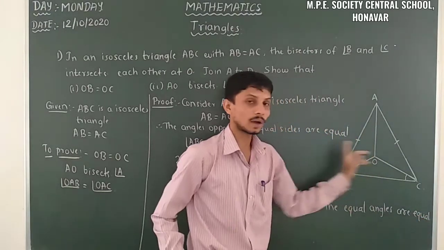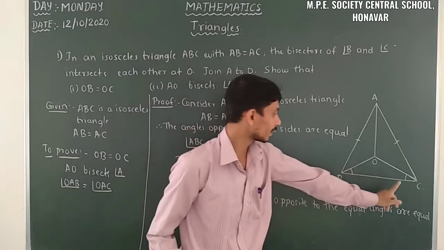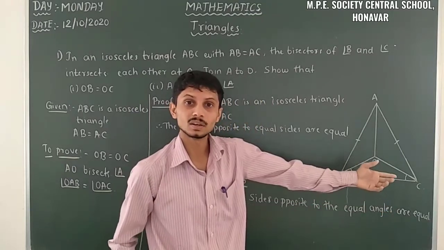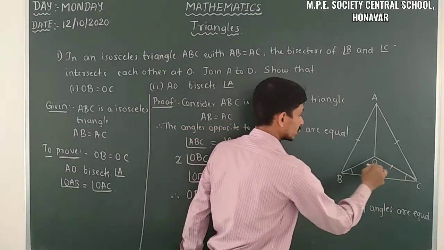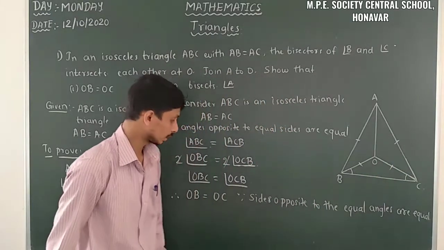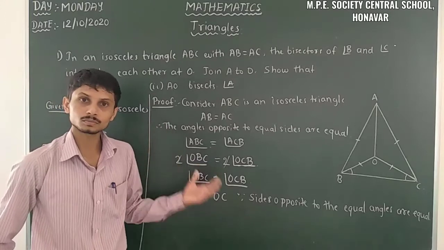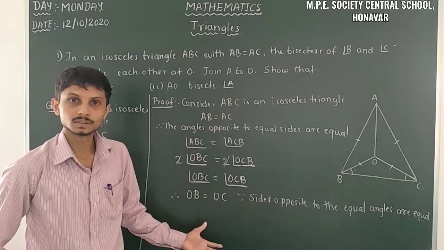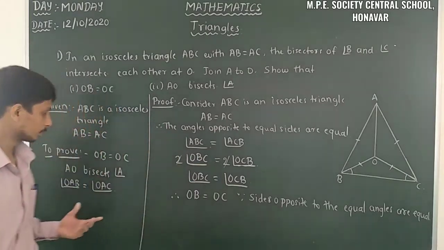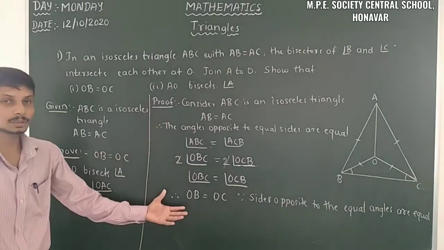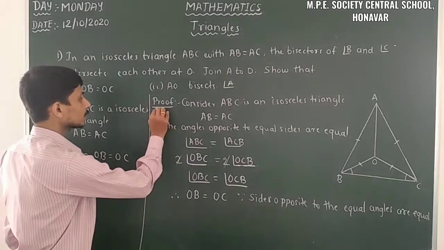When those two angles are equal, the opposite sides are also equal. That is, those two are equal. So we proved the first part, that is OB is equal to OC. So let us take the second proof. Here, the first part is proved.